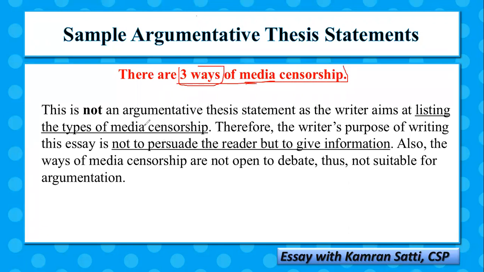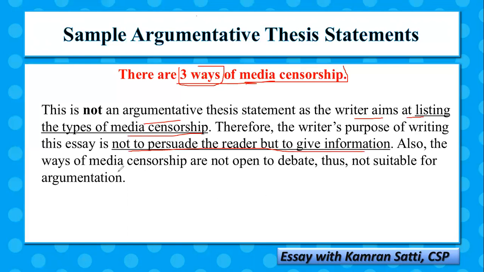But this is not an argumentative thesis statement because the aim of the writer is listing the types of media censorship. Therefore the writer's purpose is not to persuade but to give information.